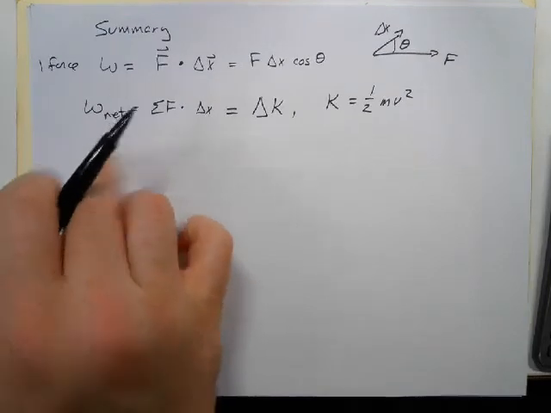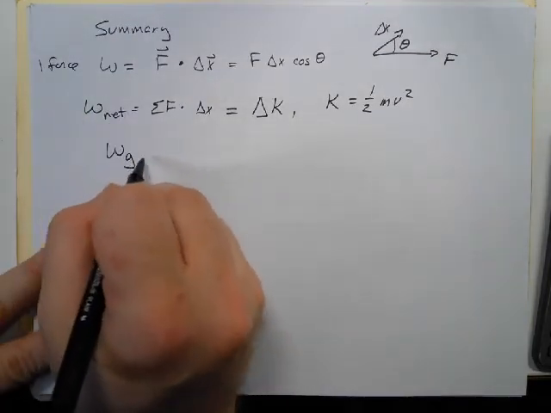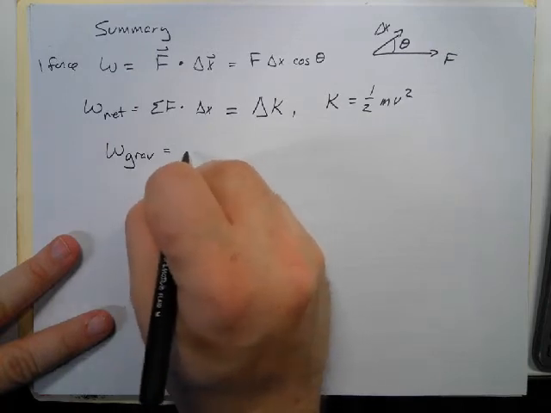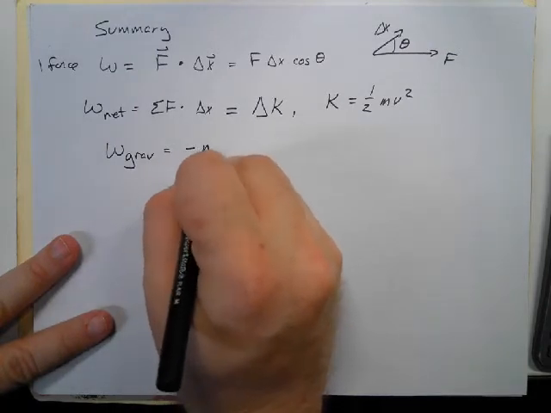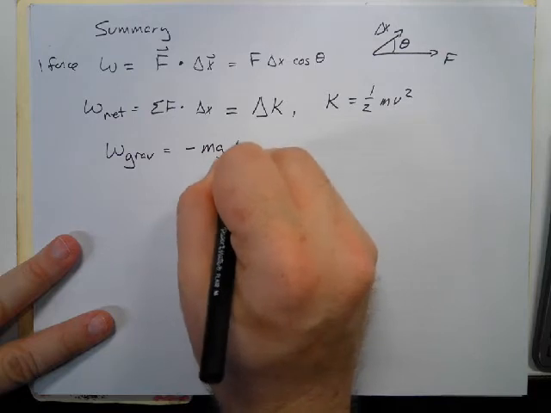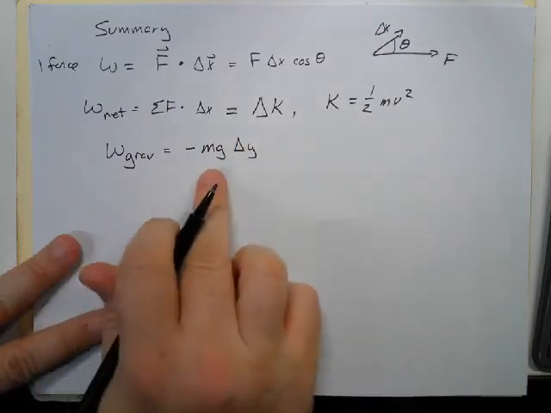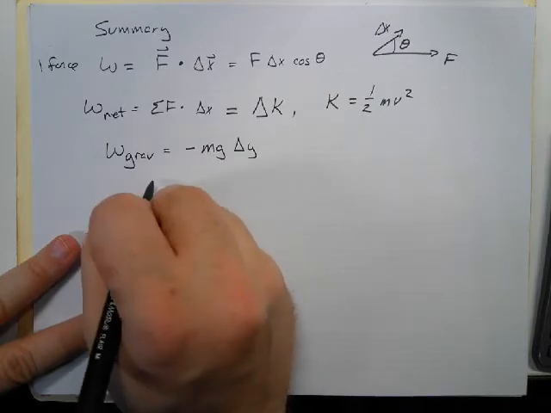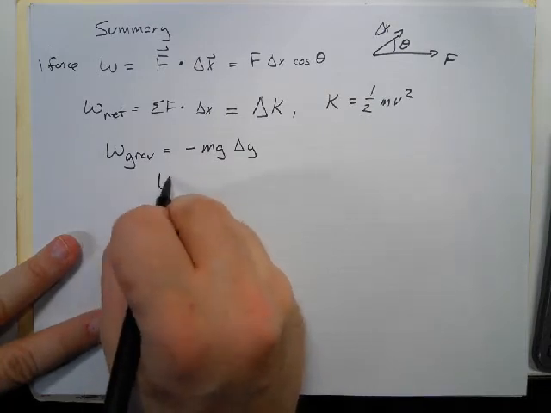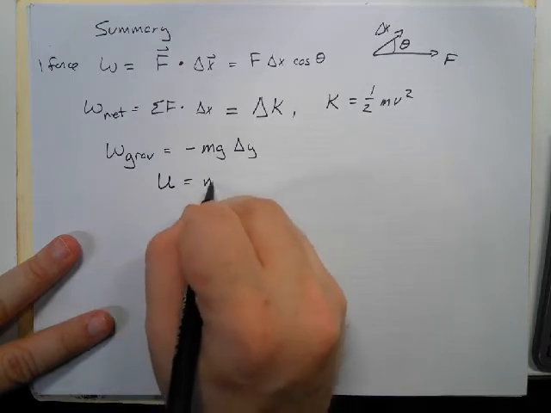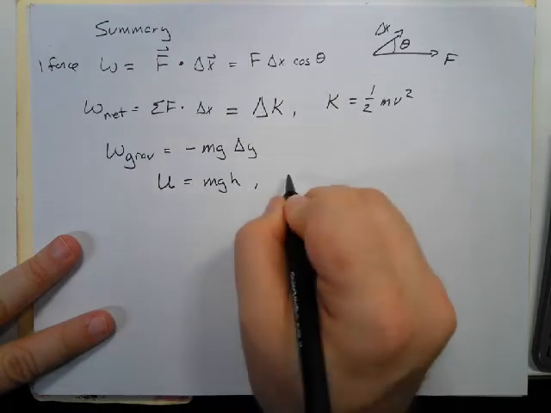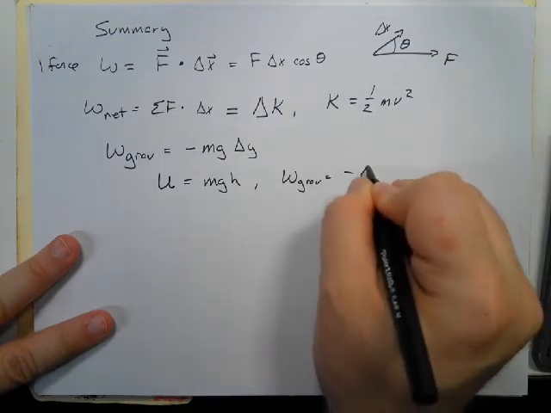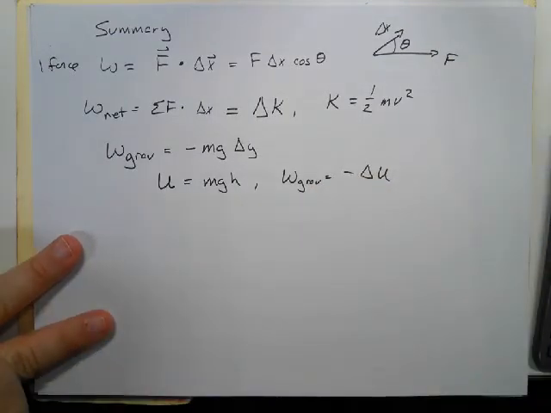So if we do the work for gravity, it is going to be minus mg delta y, and that leads us to define the potential energy U is mgh, and the work that gravity does is minus the change in potential energy.